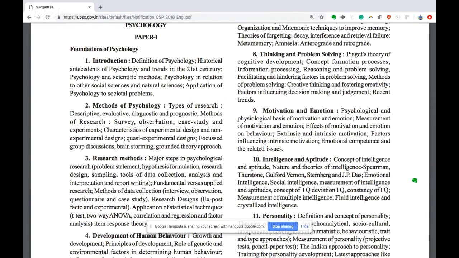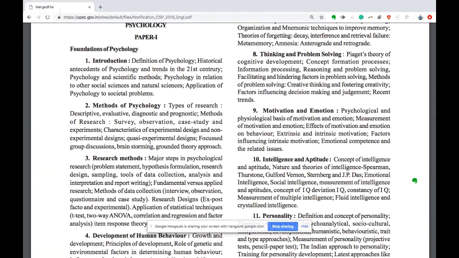So this particular chapter, which is chapter 2, is actually common to all the social sciences, be it anthropology, be it sociology. This will be common. There also you have descriptive, evaluative, diagnostic, prognostic research methods. You have survey, observation, case study, experiments. You have quasi-experimental designs, focus group discussions.